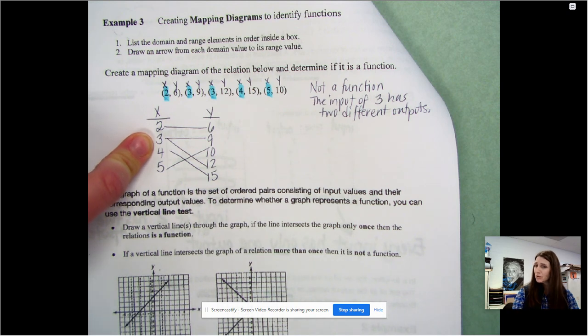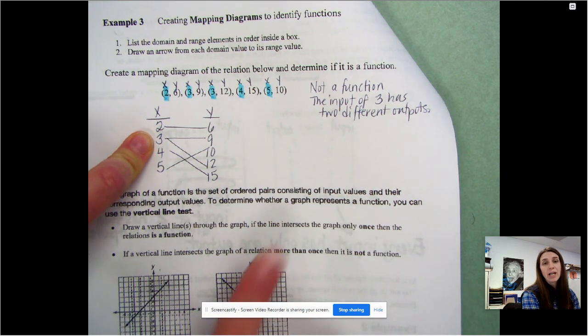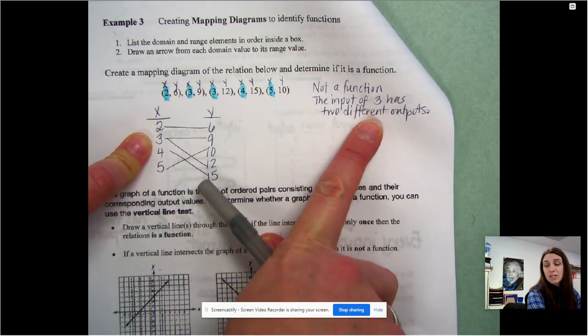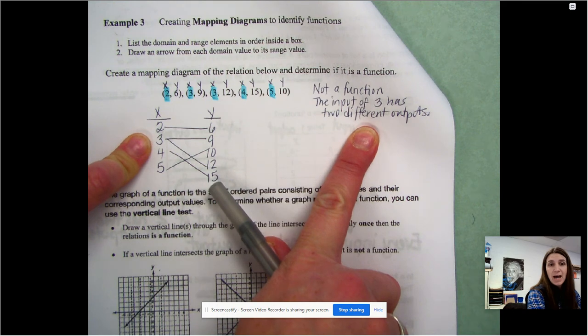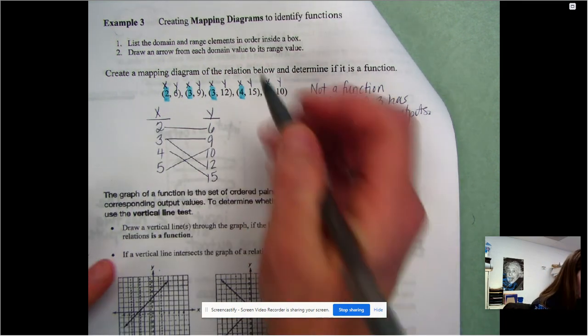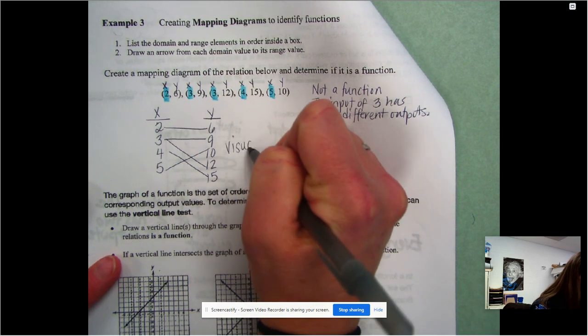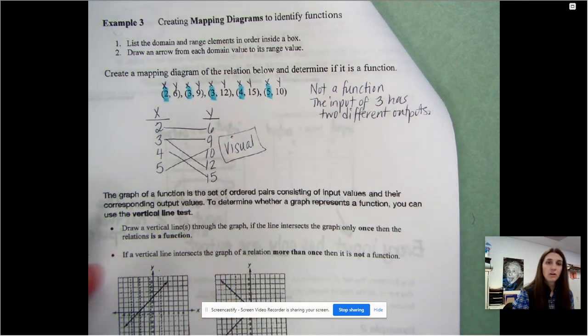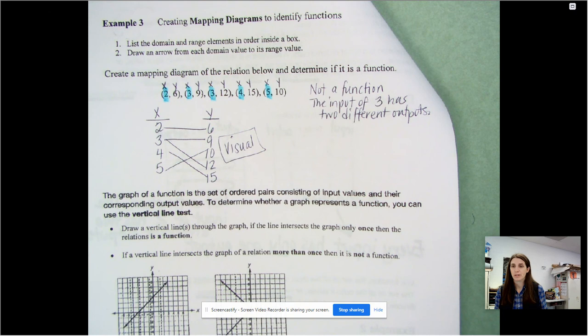Do we want 2 lines coming out of an input? No, because that means it has 2 different outputs. So therefore, again, this same statement rings true. It is not a function. The input of 3 has 2 different outputs. This is just more of a visual for us to see it instead of just looking at those coordinate points.